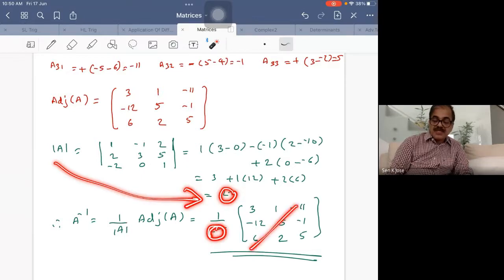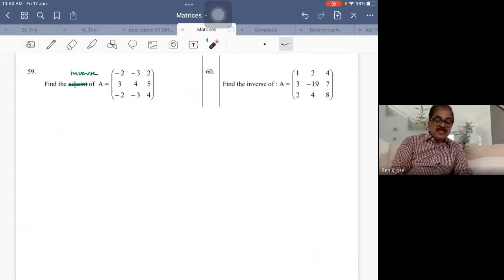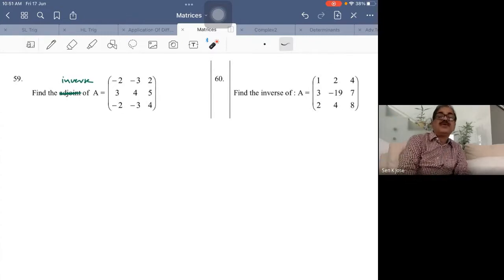Then why am I wasting so much time? So it's a good idea, in this kind of question, when they ask you to find out the inverse, first find out determinant A. If determinant A is 0, it's called a singular matrix. We will say it's a singular matrix, and hence it doesn't have an inverse. Stop the question there. Okay, so let's take that chance and see. Hopefully, if it is 0, our job is done.